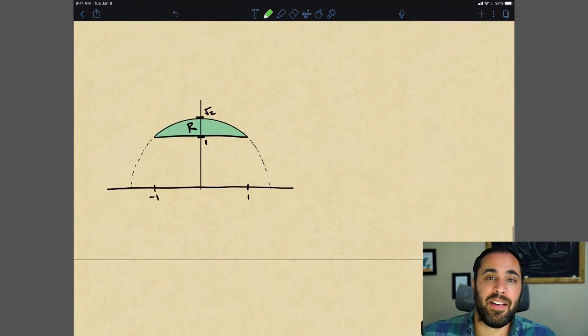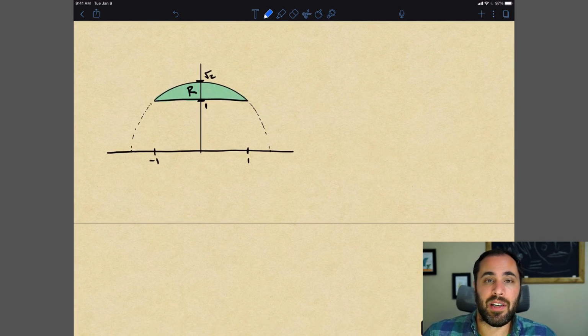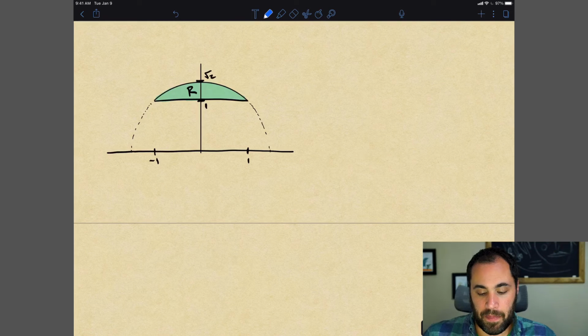And then finally, this last one is a little tricky, but we can handle it. Here we've got a circle of radius √2, but we want just sort of the cap. Notice this shape has its endpoints at 1, 1 and minus 1, 1.